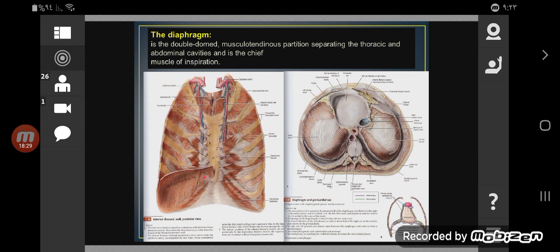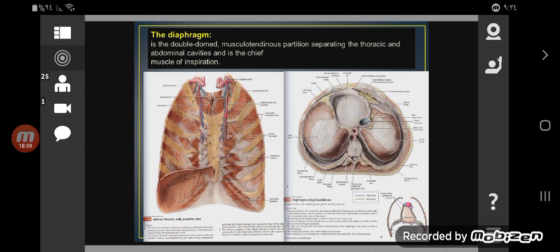As you see in this picture, the muscular slips are interdigitated with muscular slips of the transversus muscle. This is the transversus muscle, and you can see the interdigitation of this muscle with the distal attachment of the diaphragm.